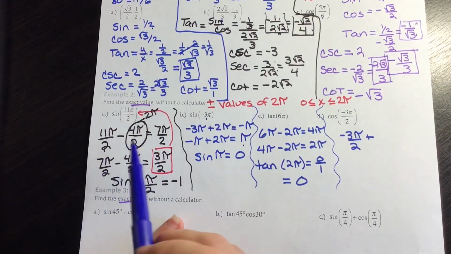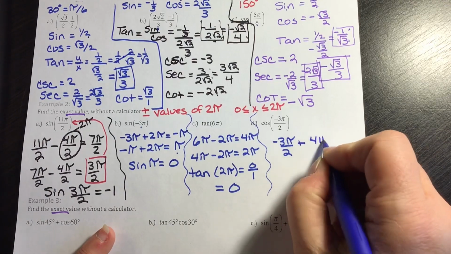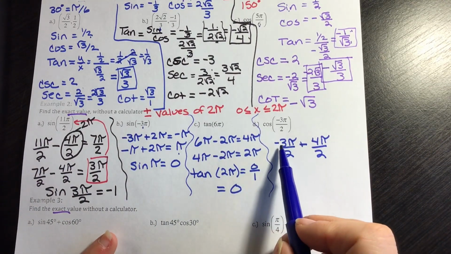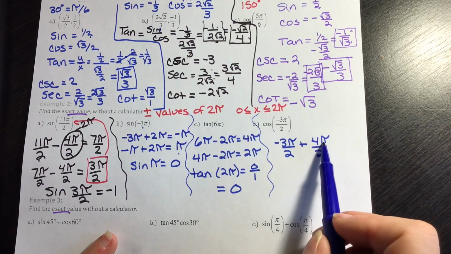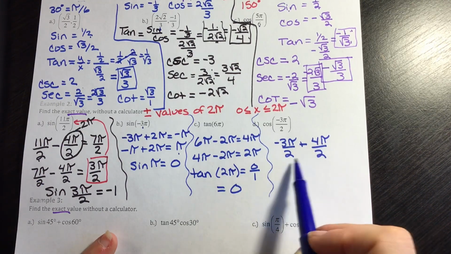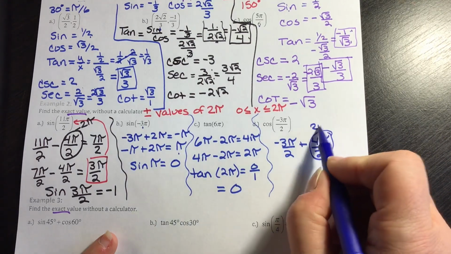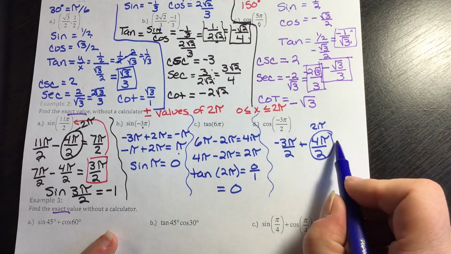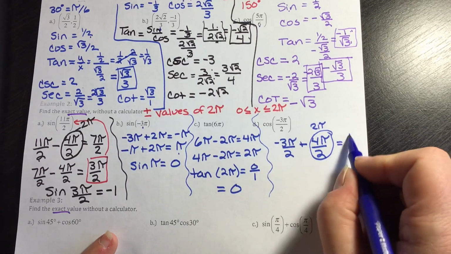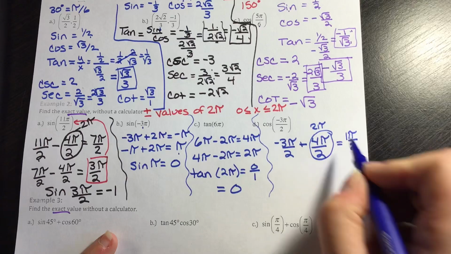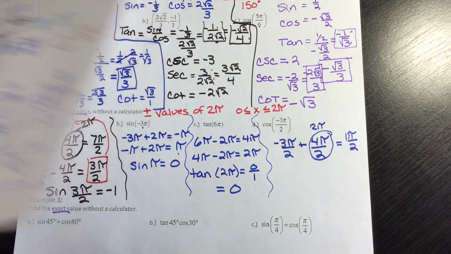This is 4 pi over 2. So if I have -3 pi over 2 plus 4 pi over 2, my denominators are the same. This is going to be pi over 2, and that is on our unit circle.